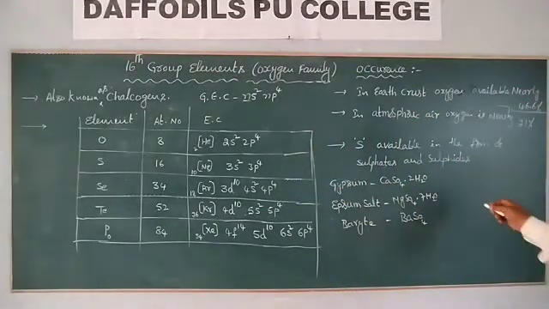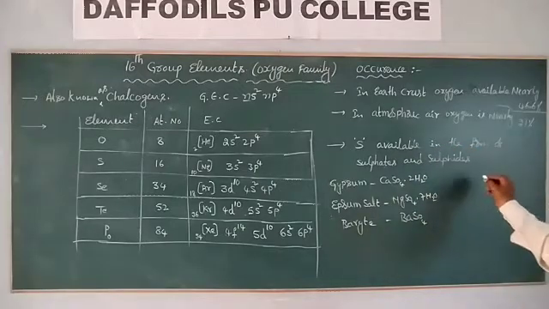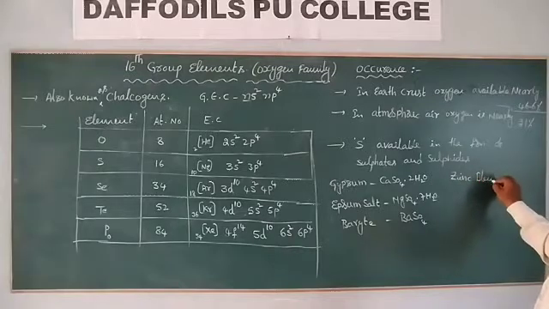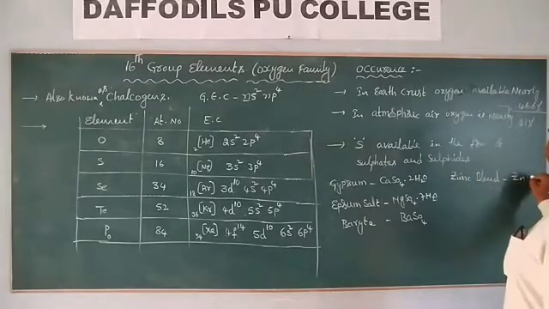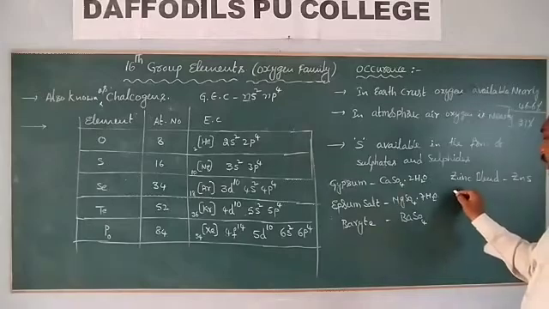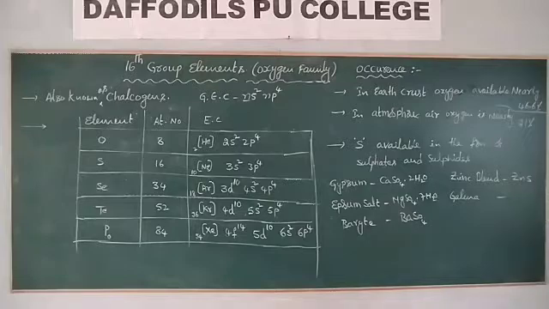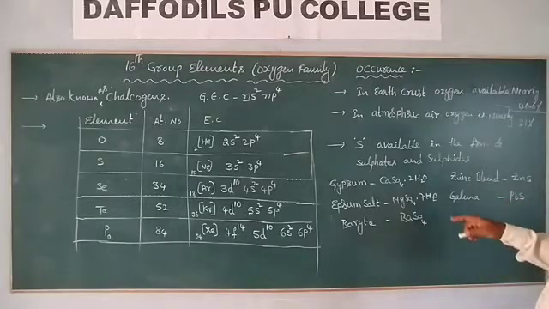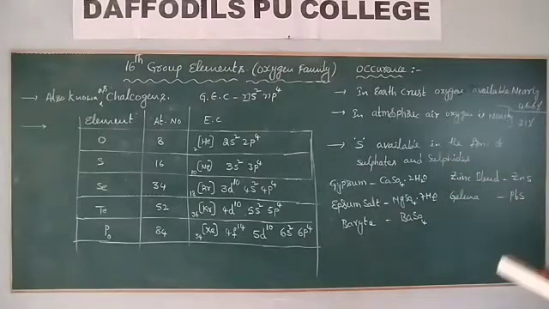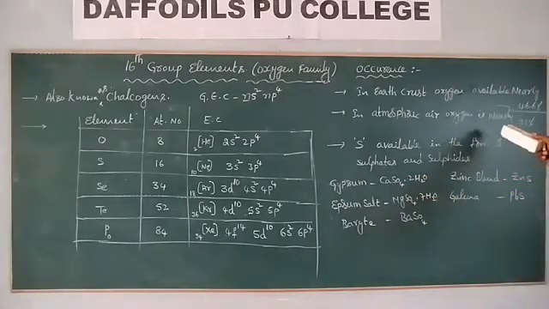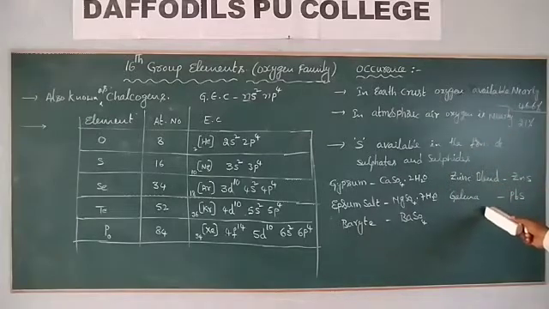Sulfide ores of these elements: zinc blende, zinc sulfide; galena, lead sulfide; and mercury sulfide. These are the sulfide ores.